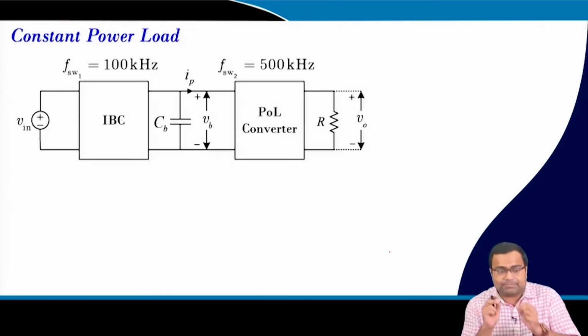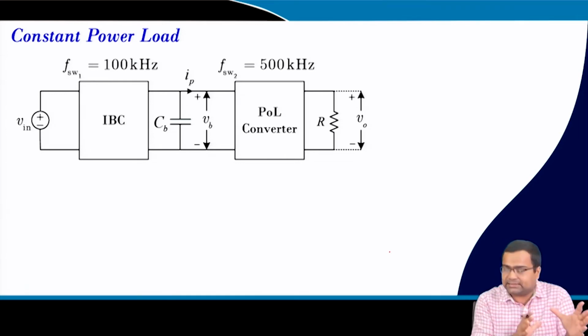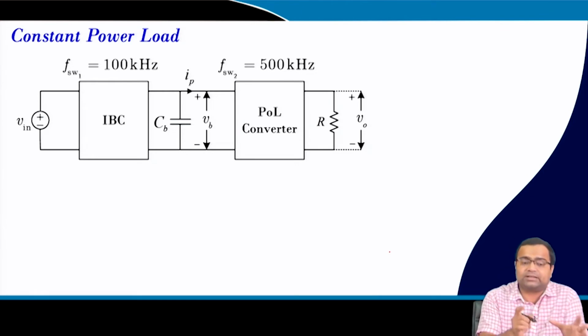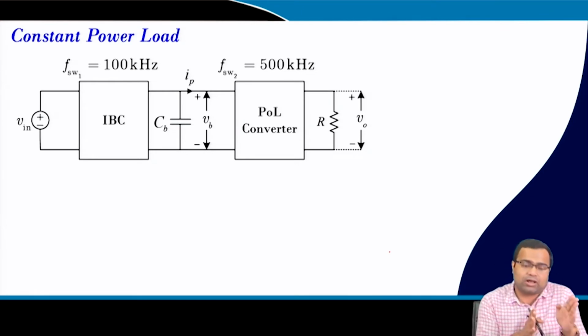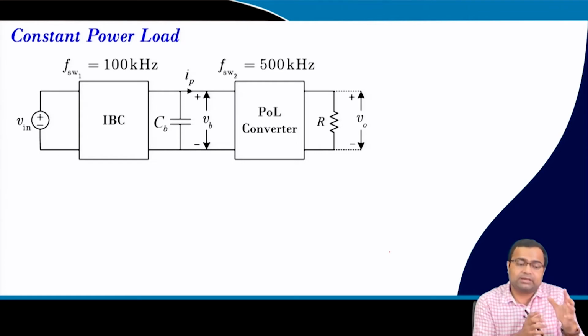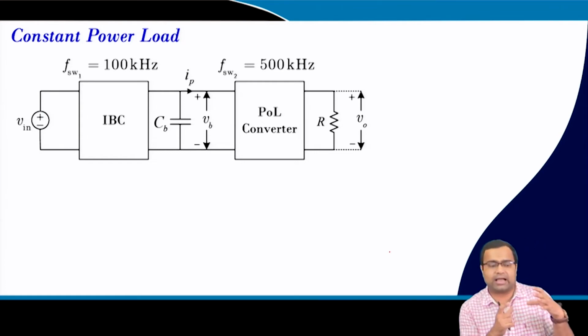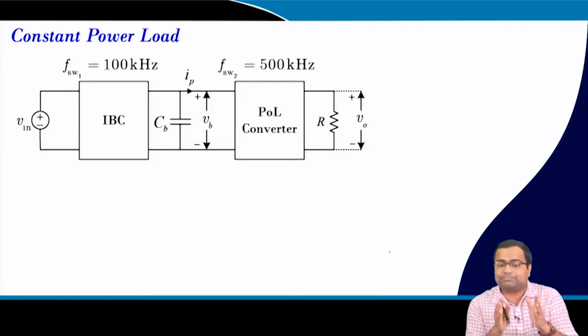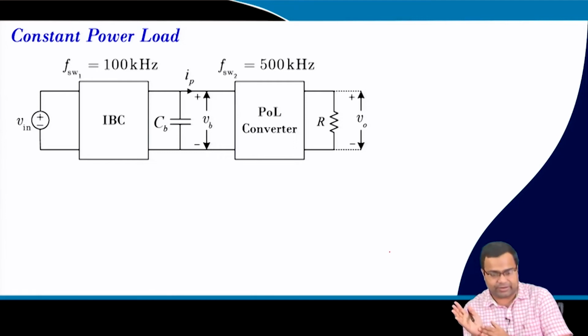Now, next part, I want to create a simulation case study. As I discussed, the IBC is operated at a much lower switching frequency because it is connected to the higher input voltage, whereas the POL is operated at a higher switching frequency.